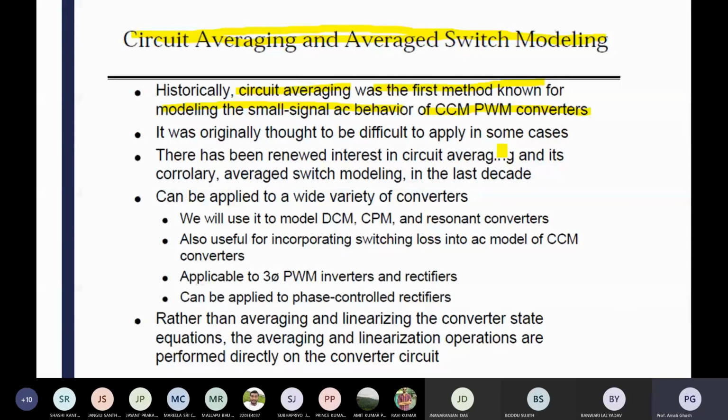That's why sometimes we focus on combinations of continuous and discontinuous conduction mode, and the tri-state converter concept came, as both features are present there.